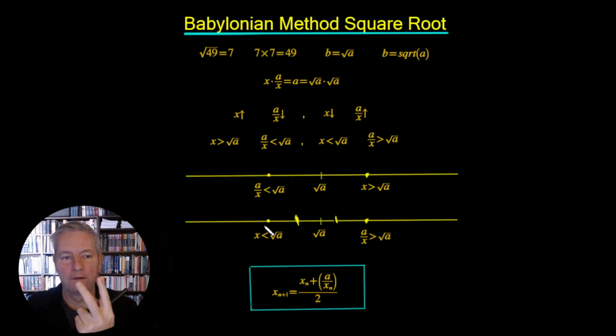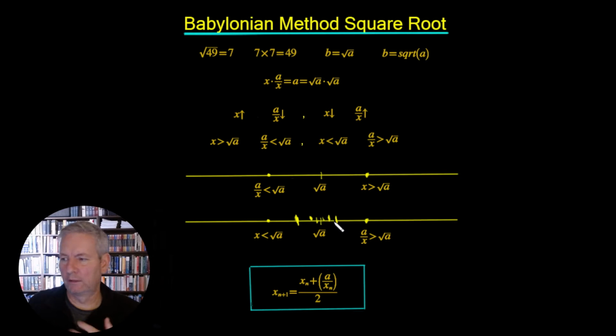But either way, the square root again is going to be bounded by these 2 points. Then we can take the next iteration, and the square root is going to be bounded by these 2 points. You can see with each iteration, we're going to get closer and closer to the square root. So this is the idea behind the Babylonian method of generating the square root of a number.